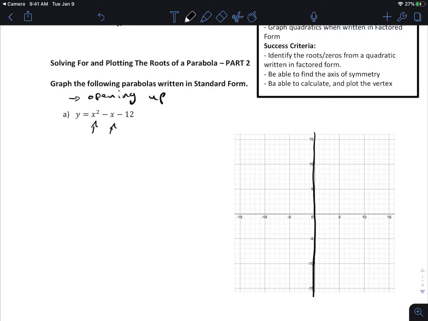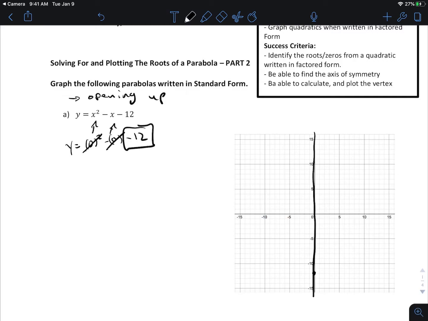So if I plug in x equals 0, I get 0 squared minus 0 minus 12. Well, that's 0 and that's 0. So what's the y-intercept? Negative 12. So I can plot that point right away, right? That later allows for, if I know what the axis of symmetry is, then you can see the point at negative 12.